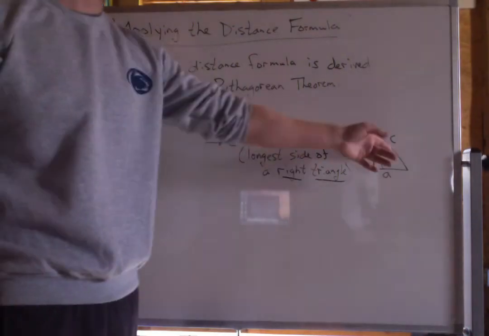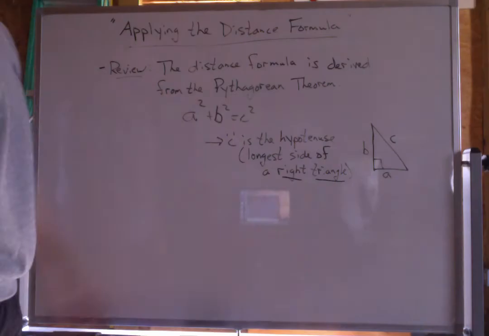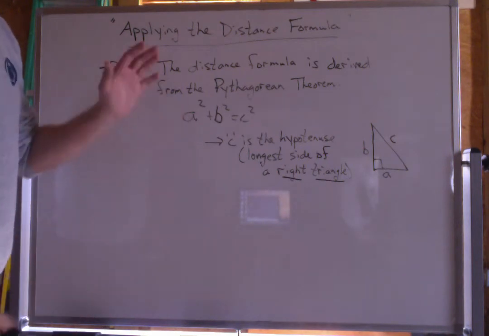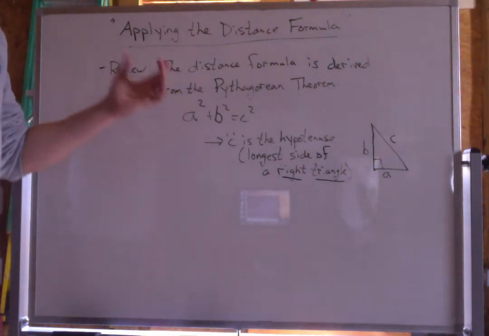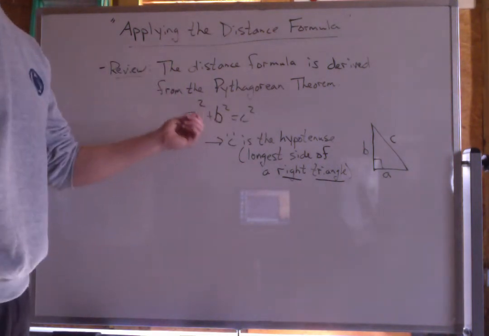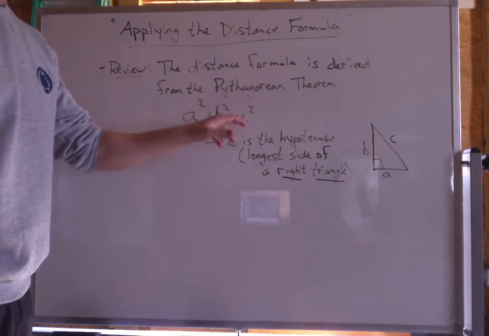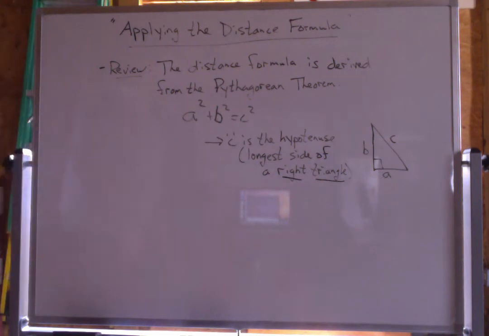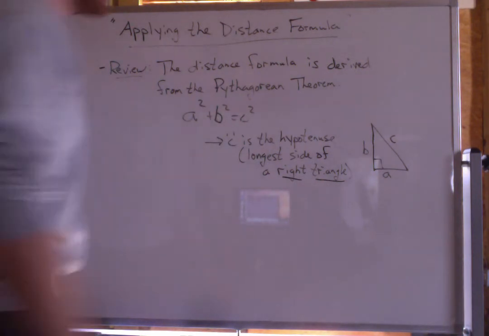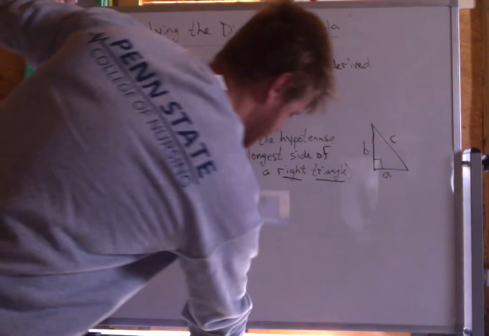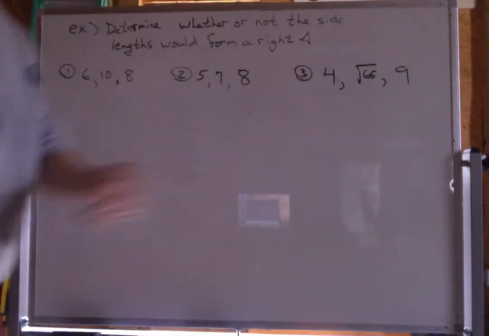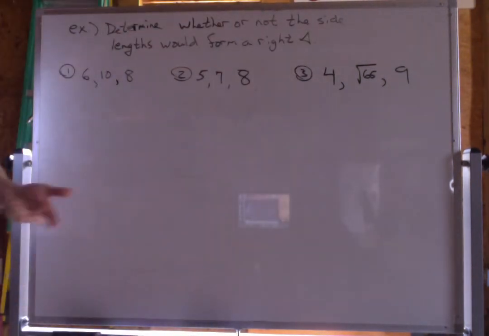The hypotenuse is always the longest side of a right triangle, so it's the one on its own in the Pythagorean theorem. So again, if the sum of the squares of the two shorter sides ends up being the same value as the longest side squared, I know that those three side lengths make up a right triangle. Using that concept, we're going to be able to determine whether or not three given side lengths would form a right triangle.